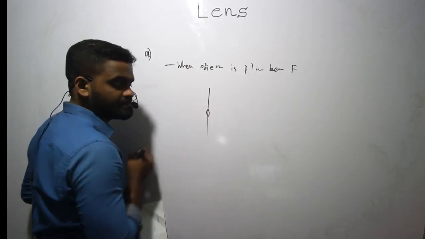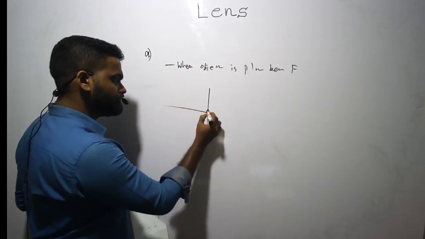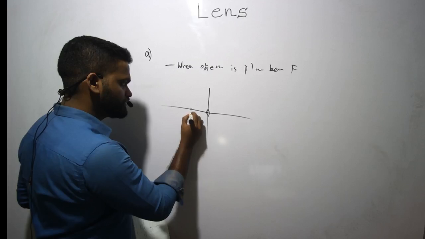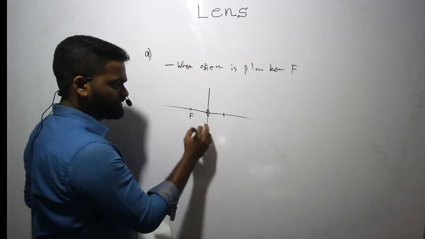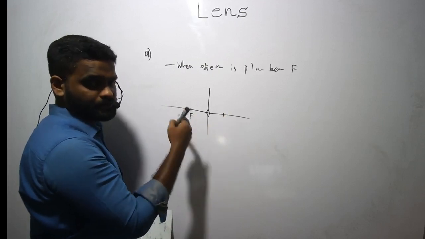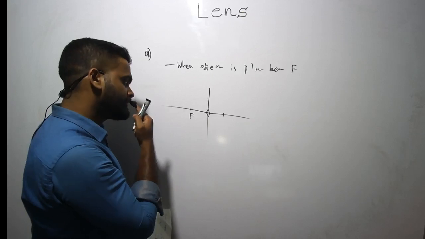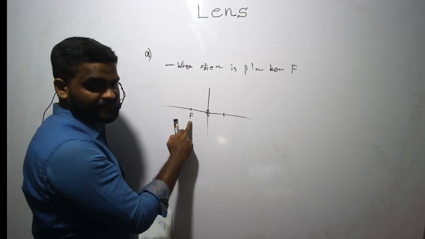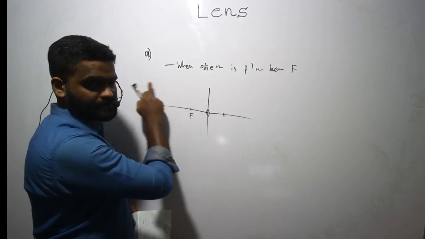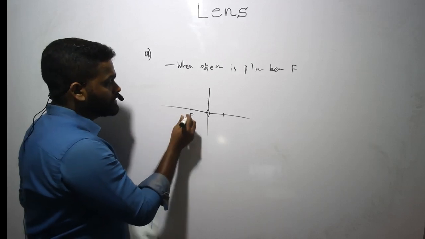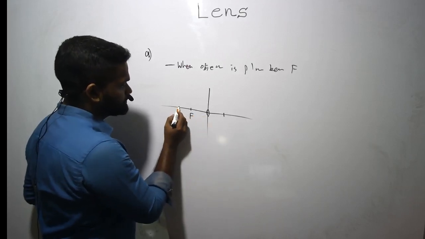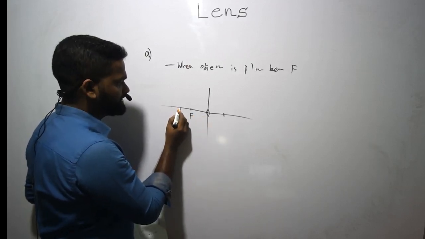So if you have the lens, here we are not always saying which focus, you need to understand that. This is actually the secondary focus, given that light rays come in this direction. So usually we place the object here.